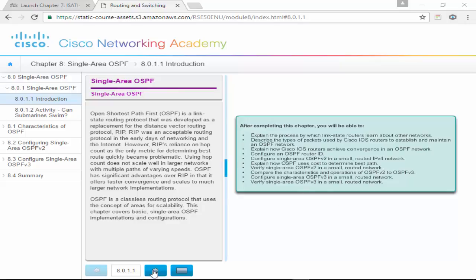So basically we're doing both OSPF version 2, which is IP version 4, and OSPF version 3, which is IP version 6.